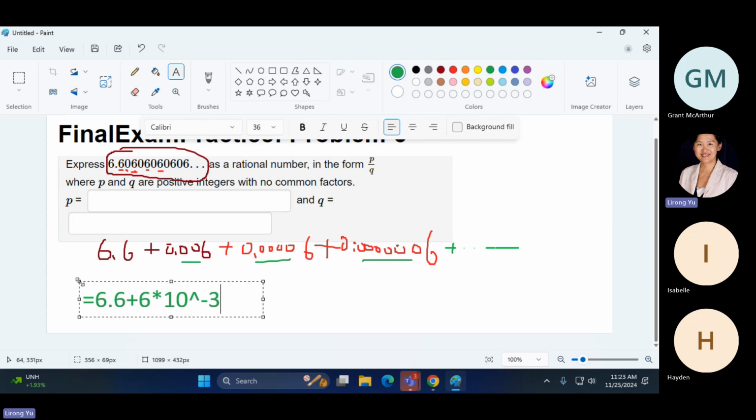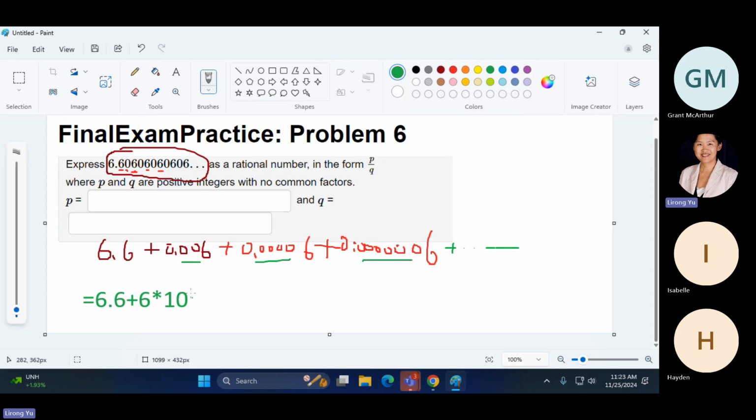We can see a similar pattern; writing it this way makes it harder to see. This is 6 times 10 to the negative 3 plus 6 times 10 to the negative 5, and then plus 6 times 10 to the negative 7. You can almost imagine the next one will be 6 times 10 to the negative 9.